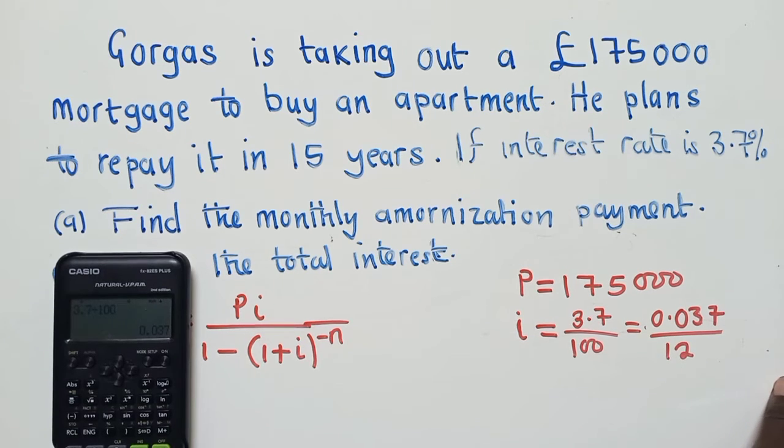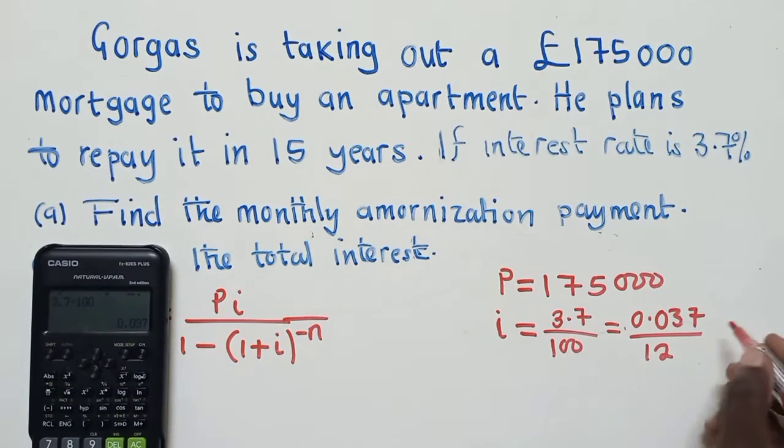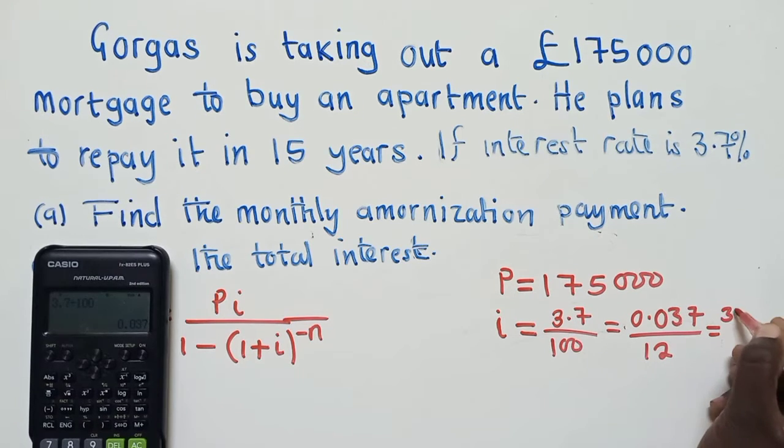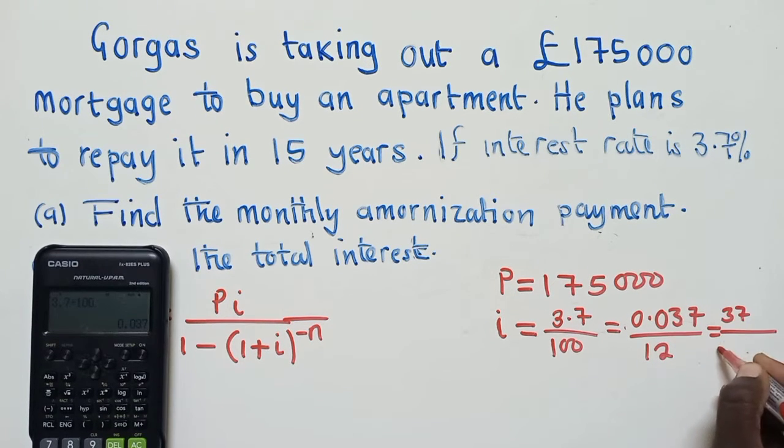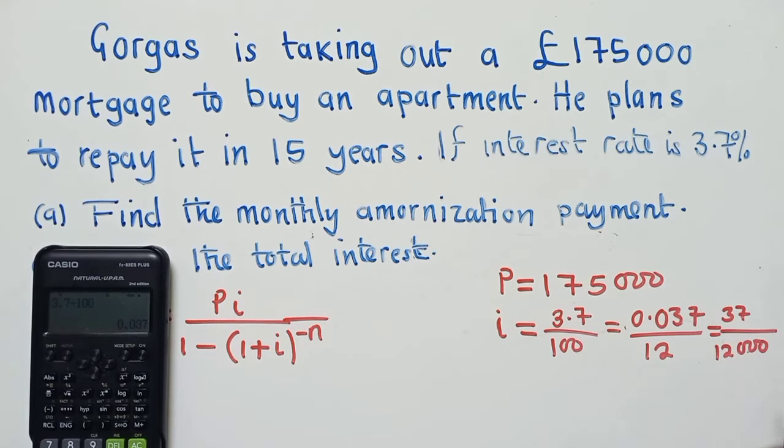When you do so, you get 37 over 12,000. This is what you get when you divide by 12. Hopefully you can see what I'm getting on my calculator. All right, so I've identified our i.